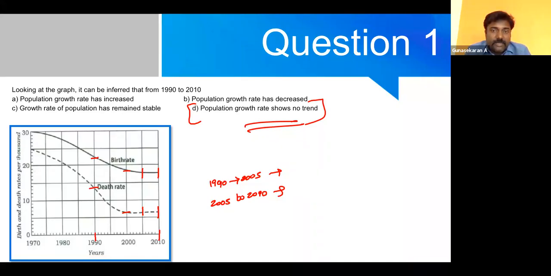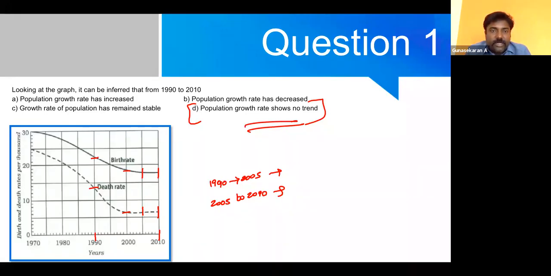So in that way, birth rate is decreasing. Yeah, that will be no trend. That's the meaning. If you know it exactly, then you can answer.